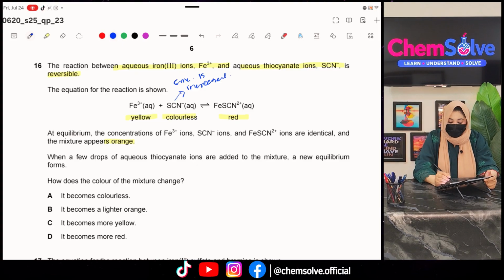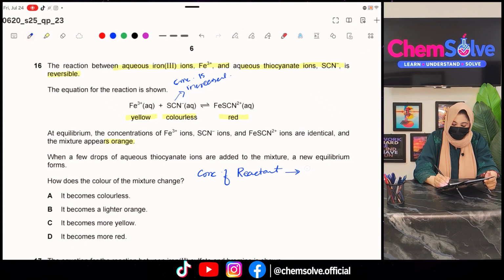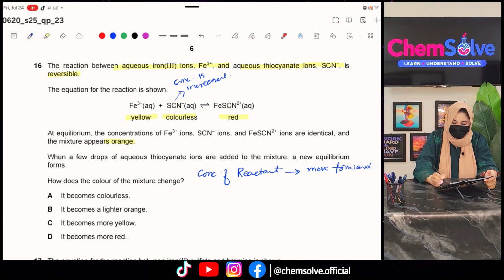Always remember, when we disturb the equilibrium and we increase the concentration of reactant, the reaction moves forward. And when the concentration of product is increased, the reaction moves backward.